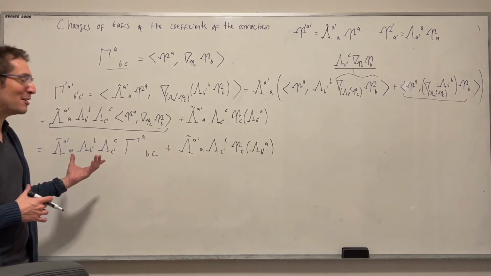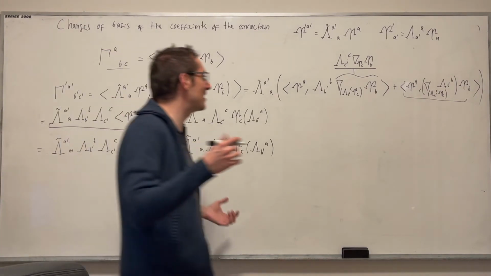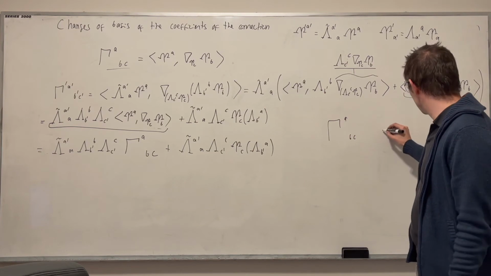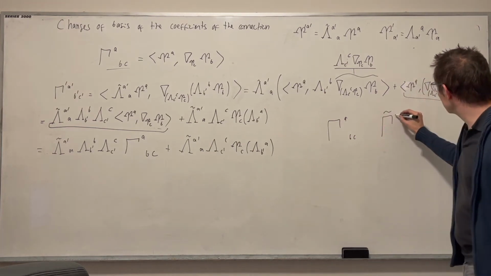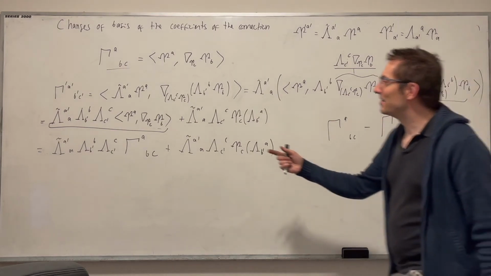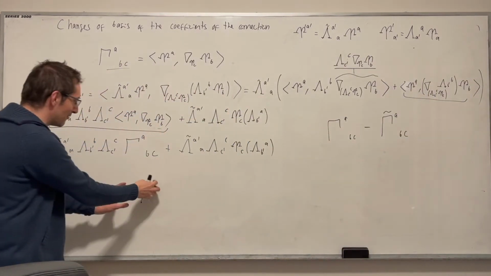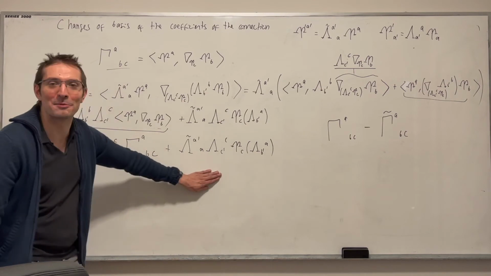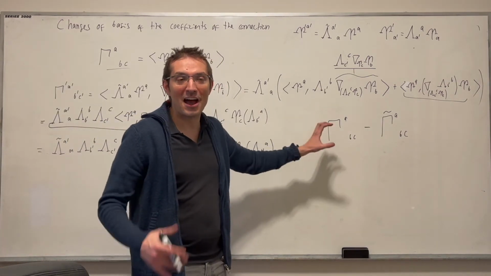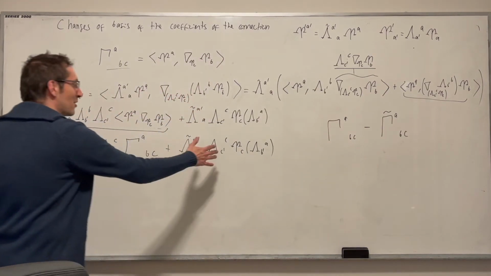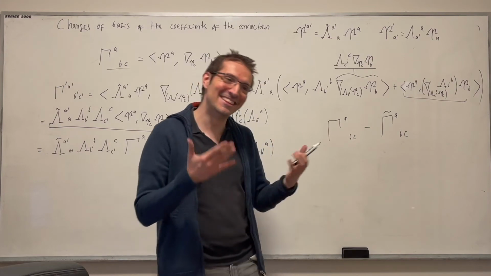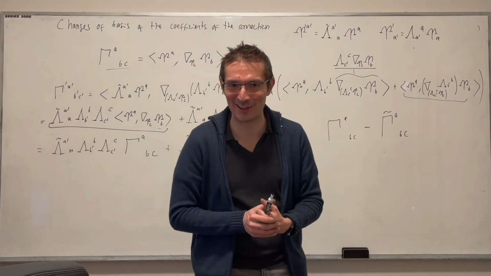Now, interestingly enough, imagine that I create two connections, gamma A, B, C, and then another connection, gamma tilde, with different values, A, B, C. If I subtract the two, this part would be linear, the difference of the two connections, and this part will disappear. So the difference between two coefficients of the connections is actually a tensor. The coefficients of the connection are not tensors, but the difference between two of them is a tensor. This is interesting and also has repercussions.